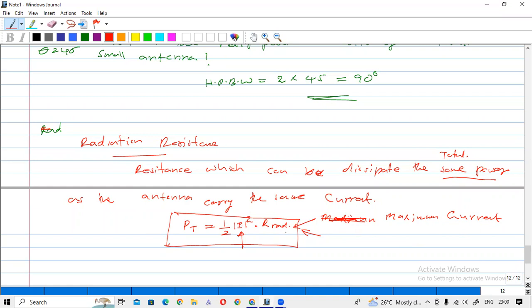In that way you can find the radiation resistance, and you can also find the radiation resistance related to the feed point current.